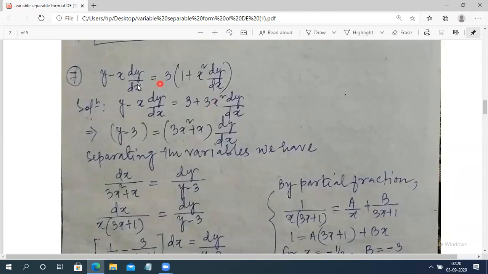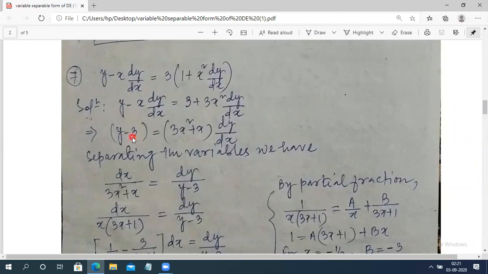It is given that (y minus x) dy/dx is equal to 3(1 plus x square dy/dx). So this can be written like this also. Now take all the terms containing dy/dx common, and we will have 3x square plus x on the right hand side, and this 3 you can take on the left hand side, we will get y minus 3.